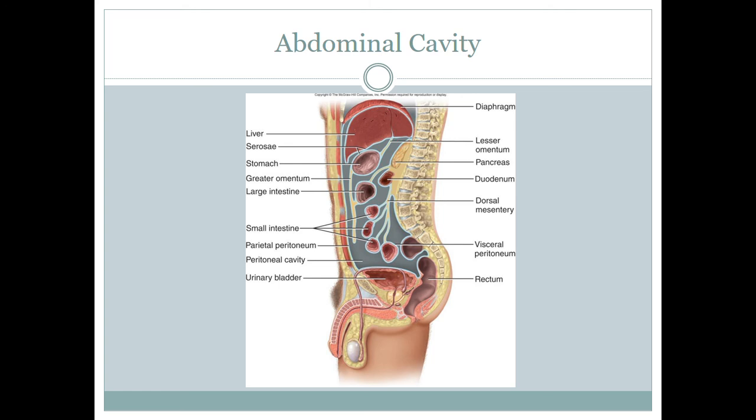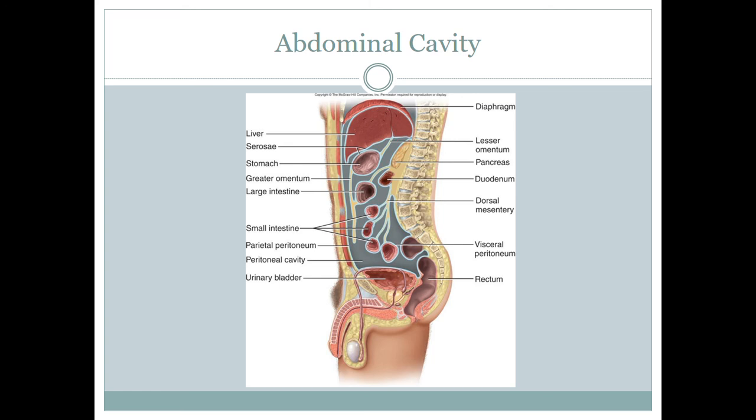There are two mesenteries that are attached to the stomach that do have specific names. There's a lesser omentum that is attached to the upper border of the stomach, and there's a greater omentum that's attached to the lower border of the stomach.